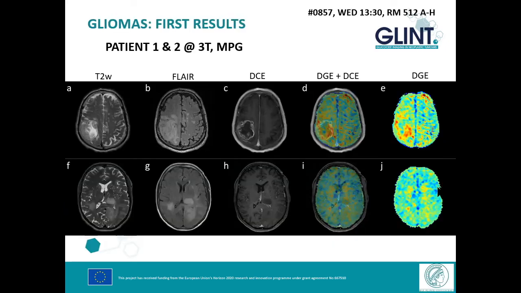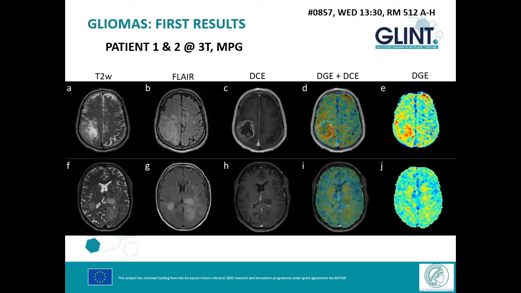And these are some of the first results on patients from the Max Planck, in this case, where the whole optimized sequence has been used. Here you have one patient, the first one, with a high-grade glioma, and the second one with a lower grade.